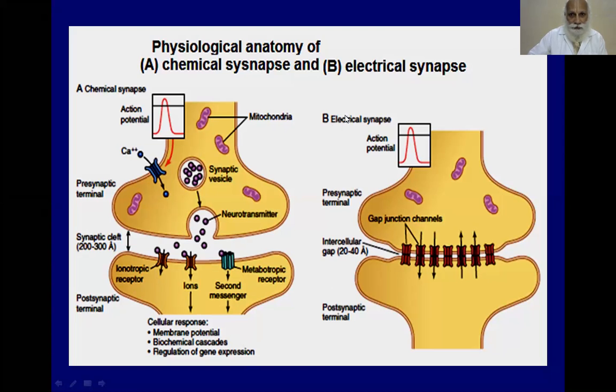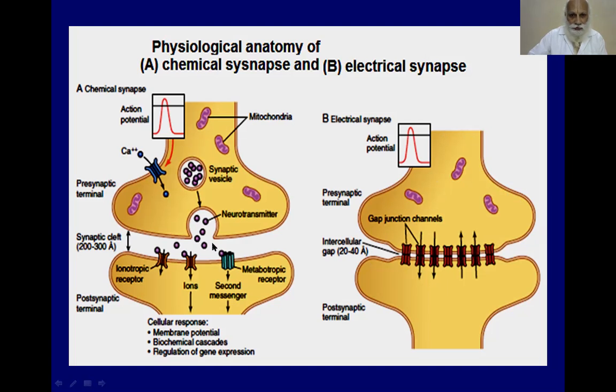Now, if we look at the electrical synapse, the junction is quite close. The gap between them is very small. And then we have gap junctions, which are low resistance bridges. So the electrical change that has come down up to this portion, in the way of action potential, can cross to the postsynaptic part through the gap junction.